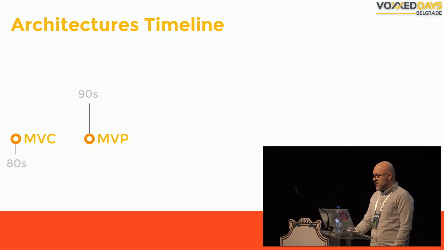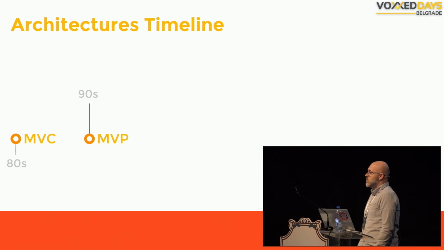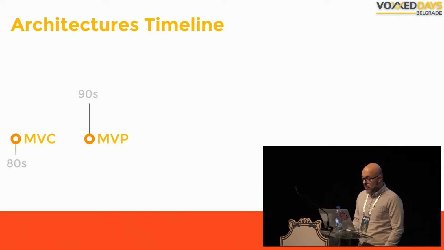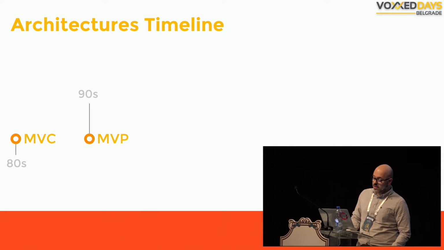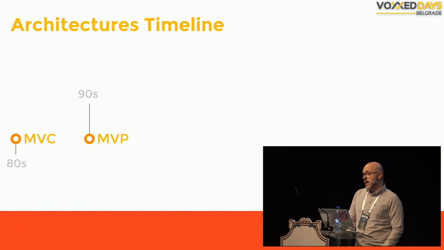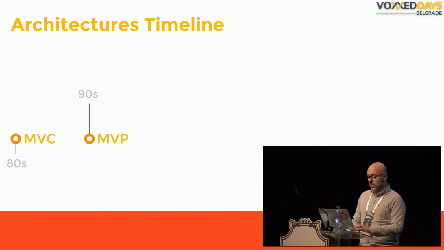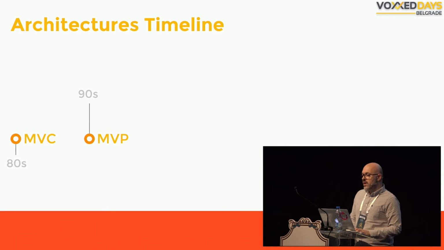Later on in the 90s, a new pattern came out that was the MVP, probably my favorite one. It is model view presenter. In this case, we have a new design pattern introduced that is the presentation model. The presentation model basically is completely hiding the model and the view.